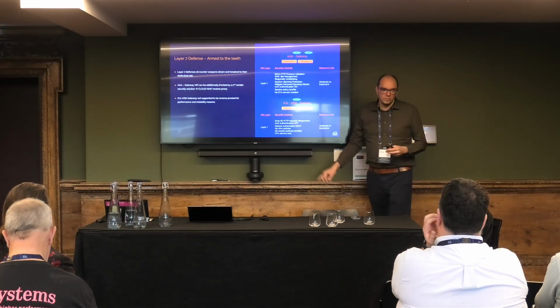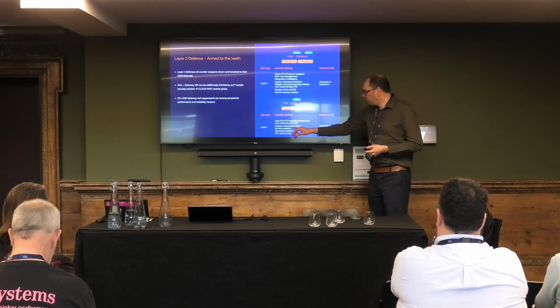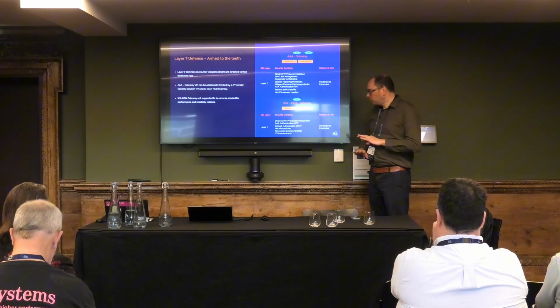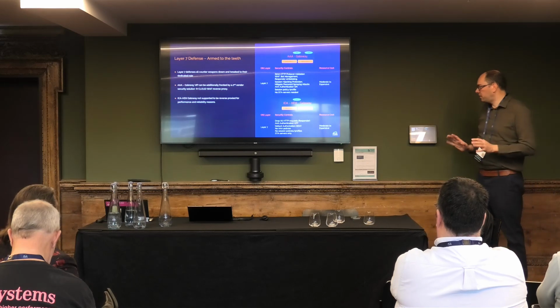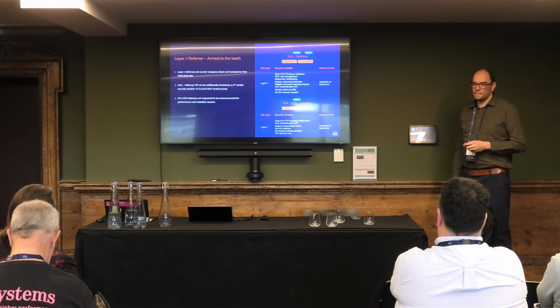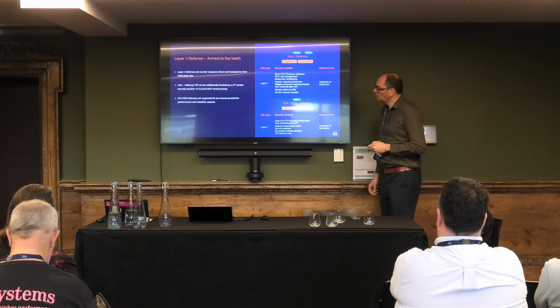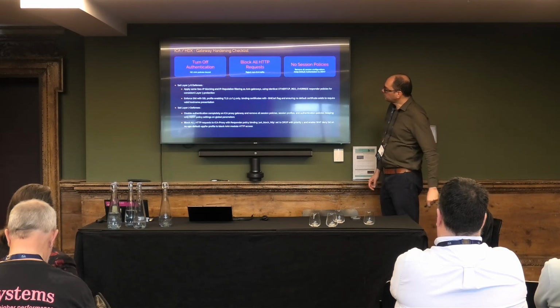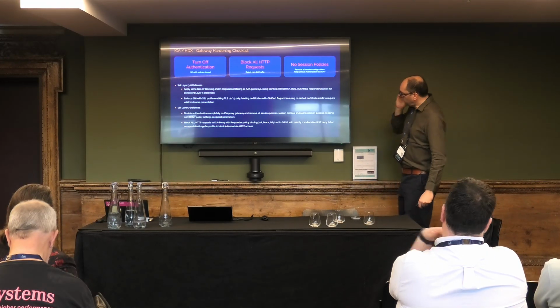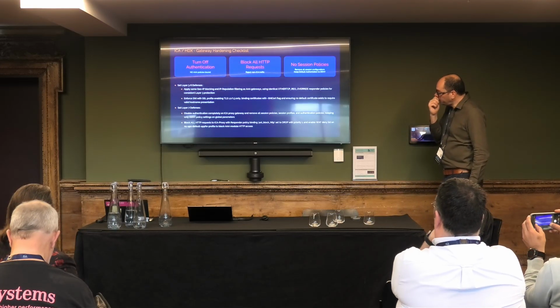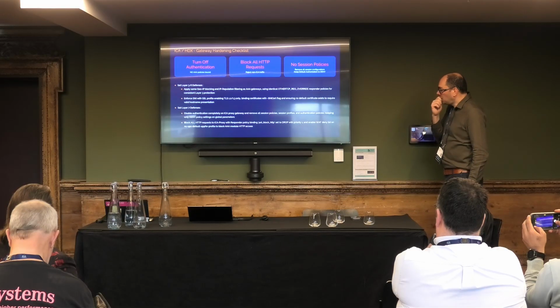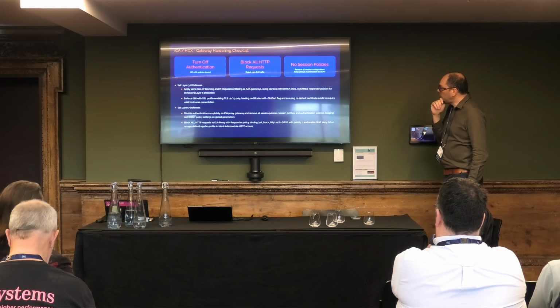Authentication you put to off. Default authorization you keep on deny, no AAA policies, no session policies, nothing, only SDAs. That's it. So that's the HDX gateway settings again. Block all HTTP requests.